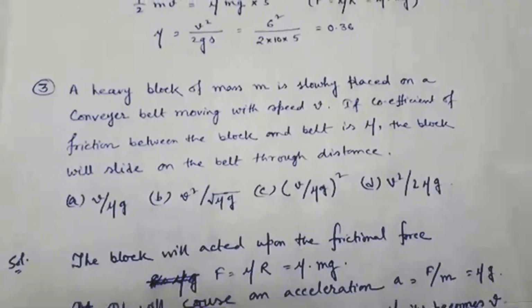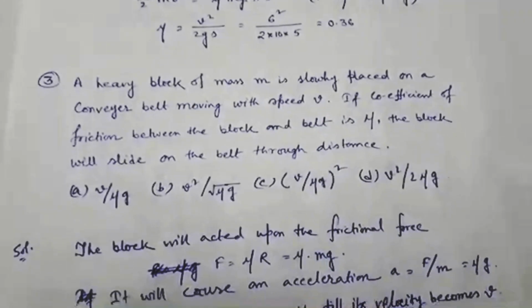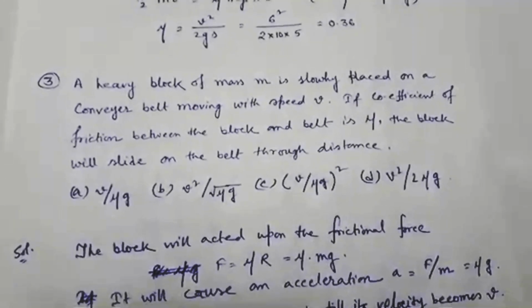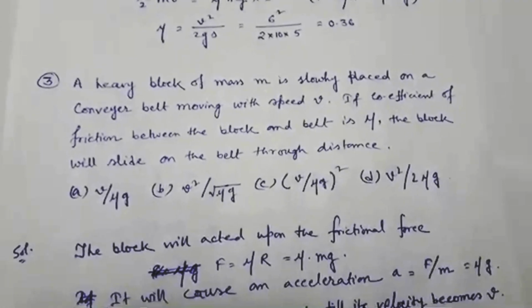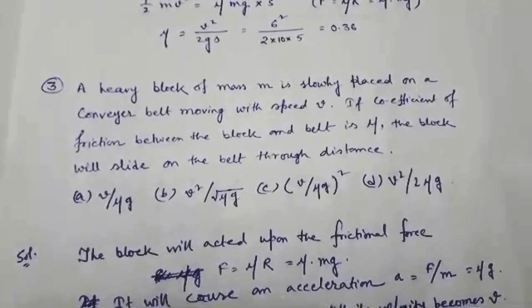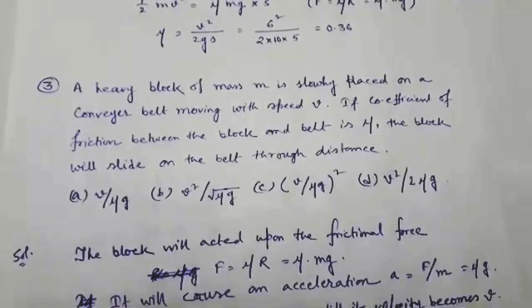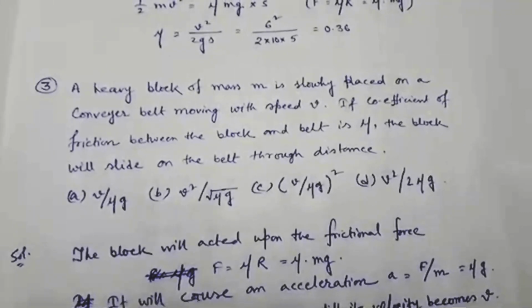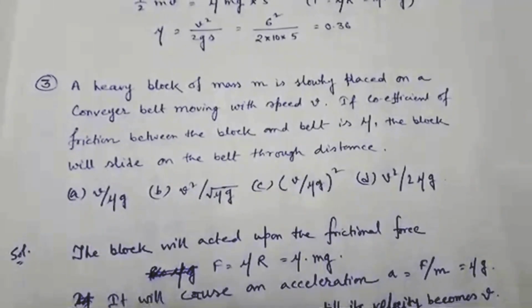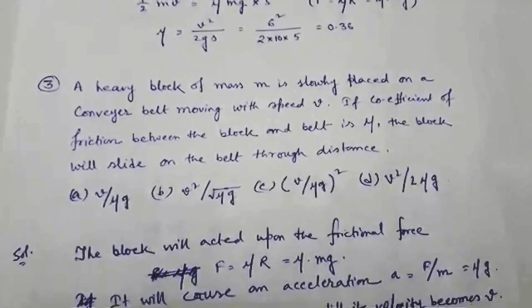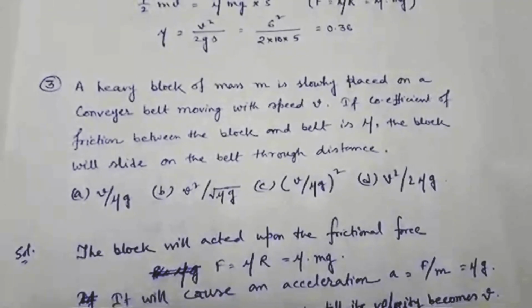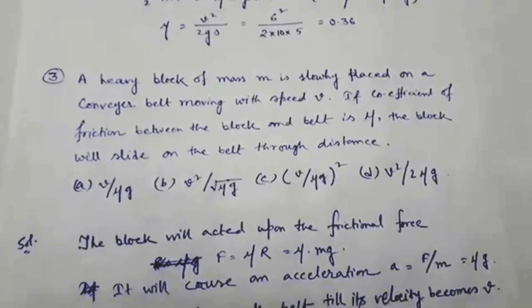So a heavy block of mass small m is placed on a conveyor belt, the speed of the conveyor belt is small v, and the coefficient of friction is mu. The block will slide on the belt through a distance, and we have to find that distance.